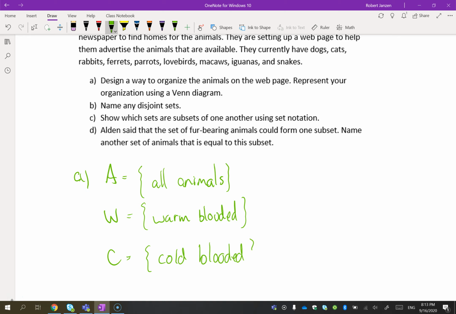Maybe instead of cold-blooded, you say reptiles. You could do that if you decide that would be your name. The problem with warm-blooded is you've got two kinds. You've got the mammals, like these are two subsets, and you've also got birds.